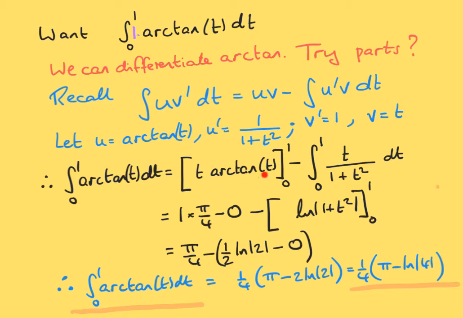The arctangent of 1 is the angle whose tangent is 1, and that is pi over 4. That's how the arctangent function is defined. And then we subtract this evaluated at the lower limit, but at the lower limit it will vanish because we have 0 here, and the arctan of 0 is 0 as well. So this vanishes at the lower limit.